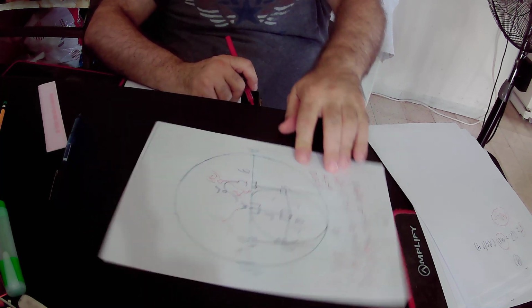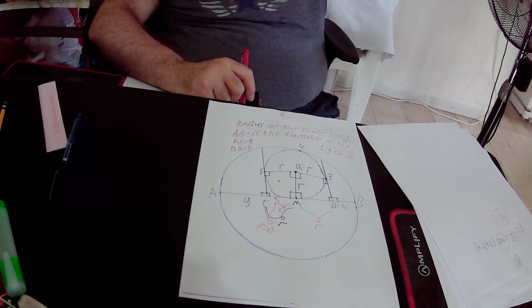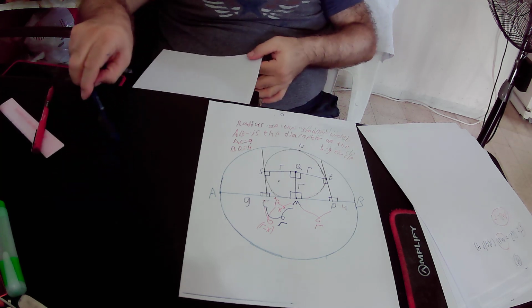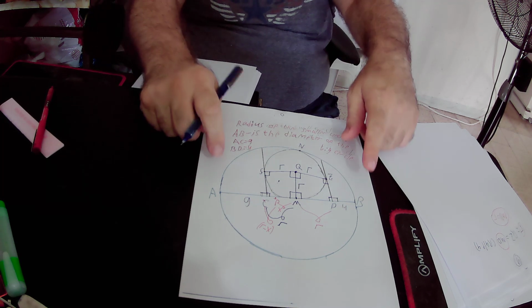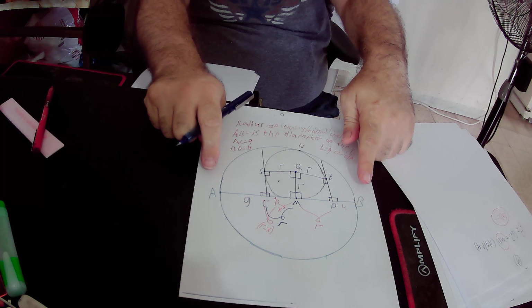And in the next step, we will calculate the radius of the big circle in 2 different ways. We know that AB, that is the diameter of the big circle, equals 2 times the radius of the big circle.